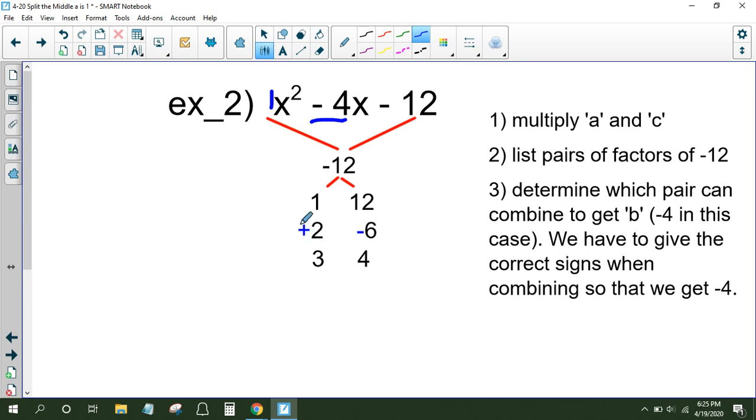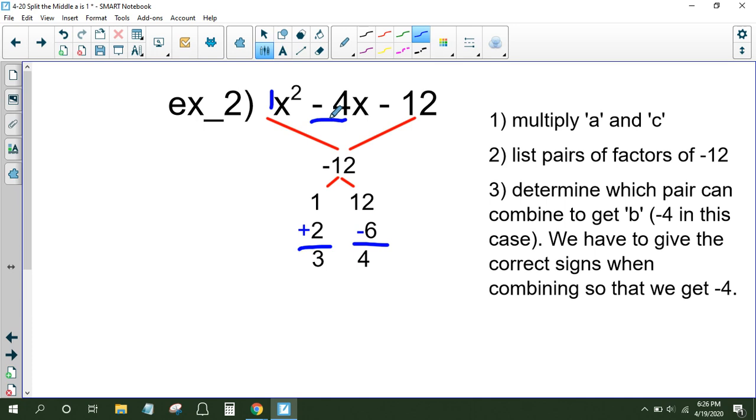As you can see, a positive 2 combined with a negative 6 will give us a negative 4. So the positive 2 and the negative 6 are what we're going to use here. We had to provide the signs to make sure that we got a negative 4.